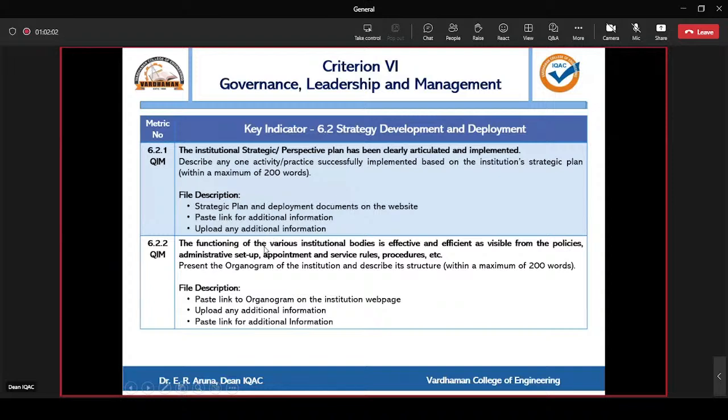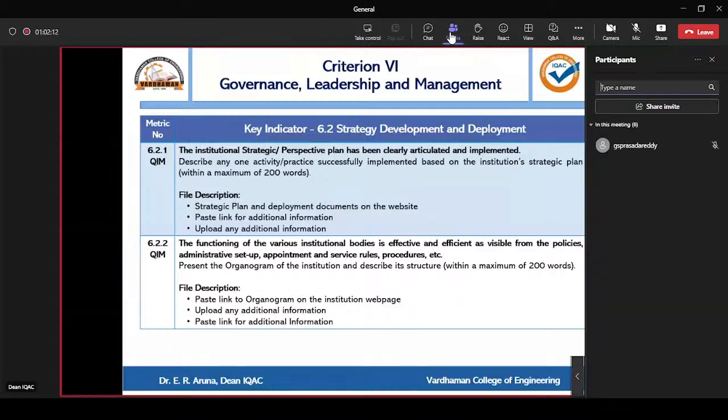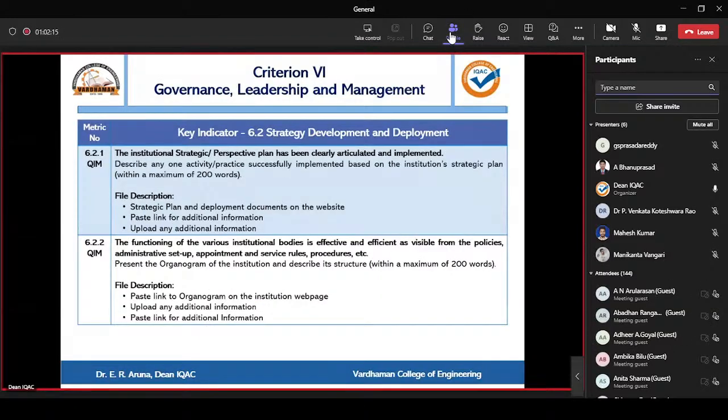And coming to 6.2.2, the point is: the functioning of the various institutional bodies is effective and efficient as visible from the policies, administrative setup, appointment, service rules, and procedures. So coming to this metric, the college should follow a well-defined organizational structure showing individuals for different undertakings and the degrees of oversight.